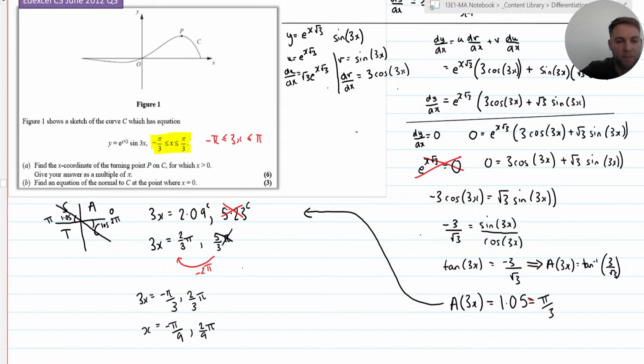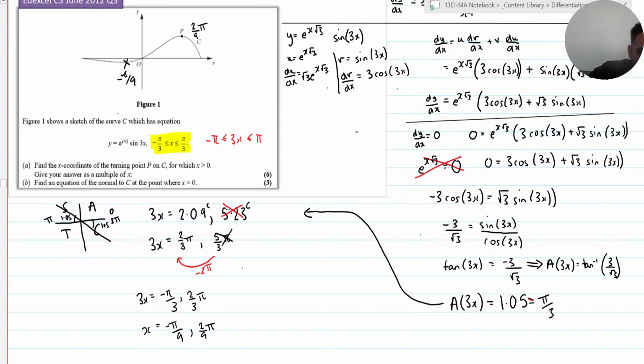So 2 pi over 9, yes, there it is. Now, both of those answers are right, but don't forget that they're asking for the coordinate of P. I've actually found 2 coordinates here, this minus pi over 9, but the one that they want is the 2 over 9 pi.